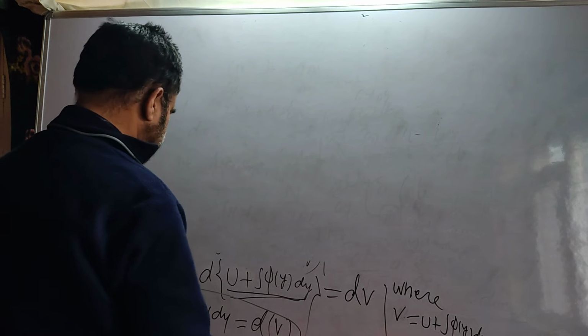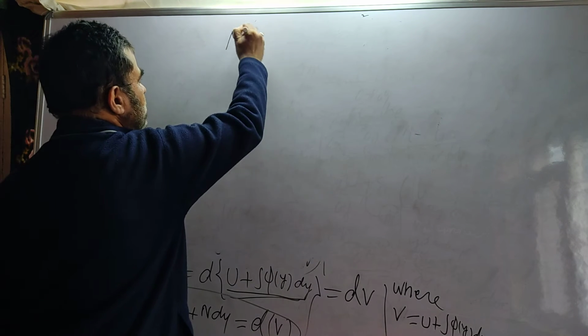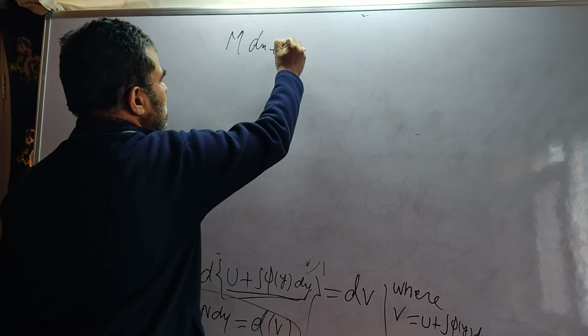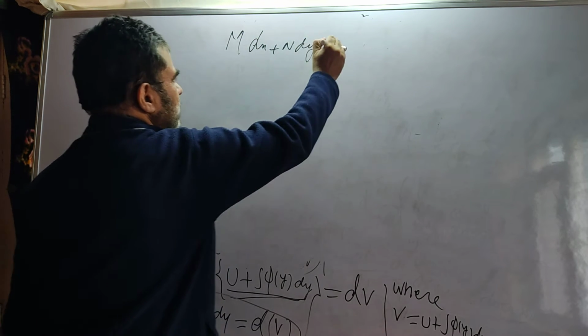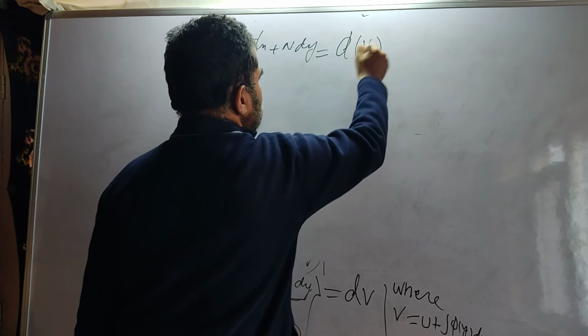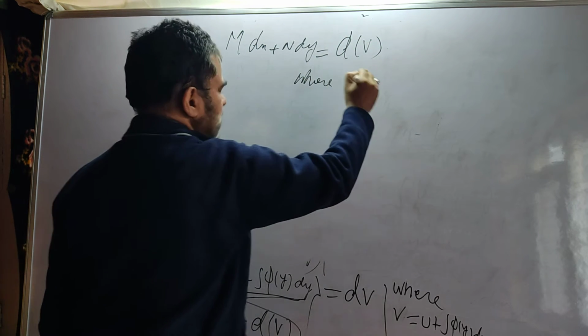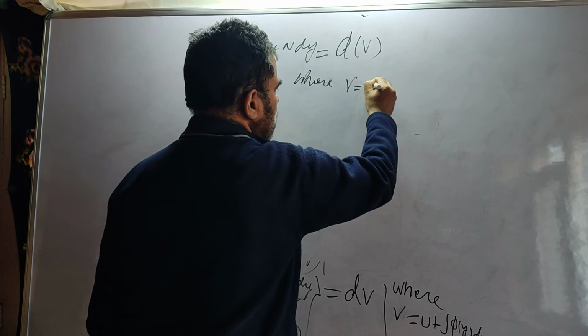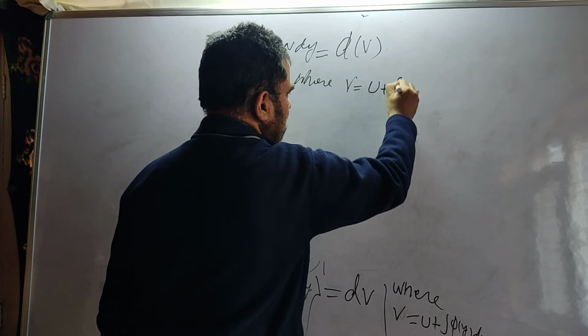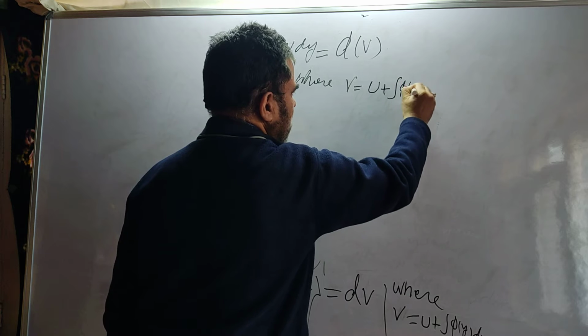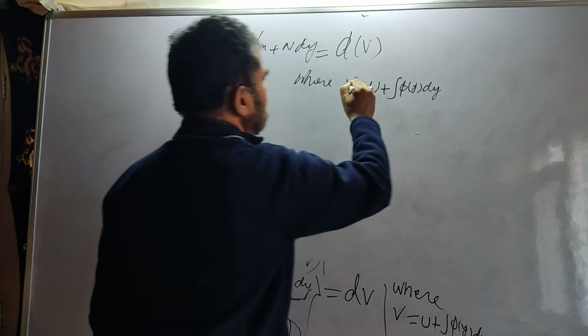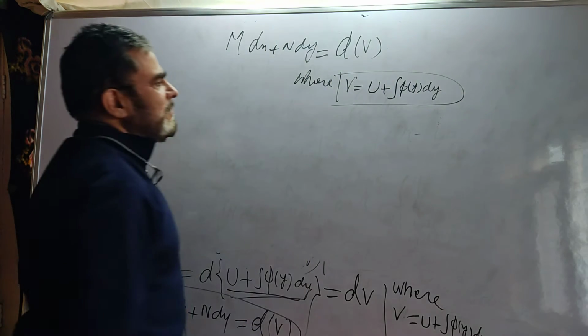So we have proved that M dx plus N dy is d of v, the exact derivative of v, where v is u plus the integral of phi of y dy, some function v.